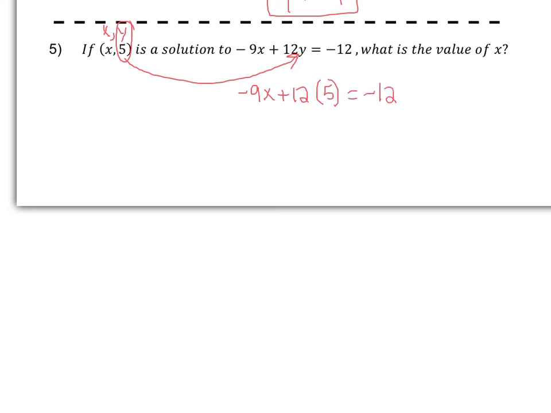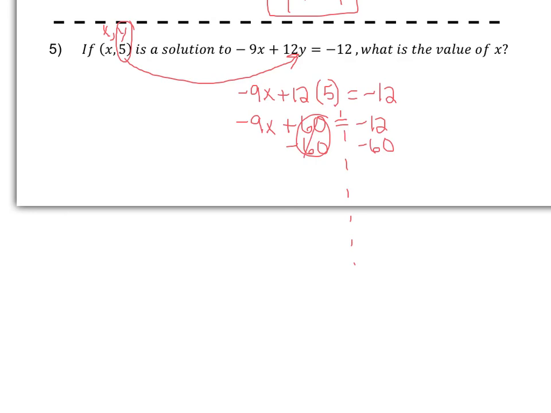Let's go ahead and solve it. Negative 9x, 12 times 5 is 60, so plus 60, and that equals negative 12. Draw your dotted line. We need to subtract 60 to the other side to get the x by itself.